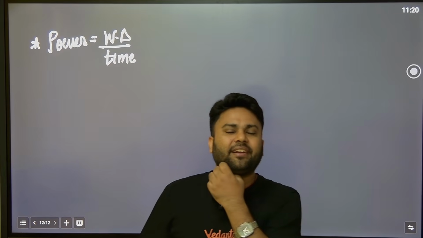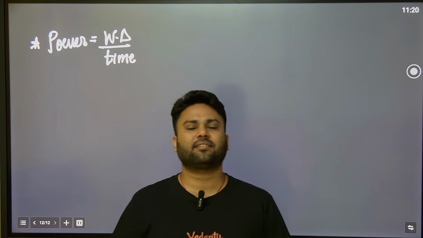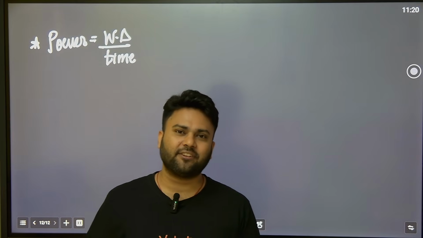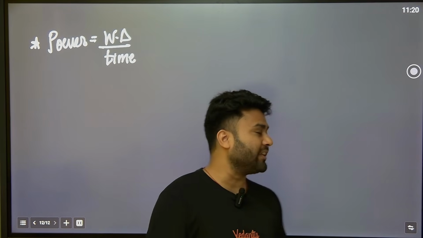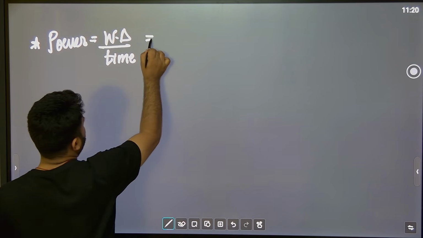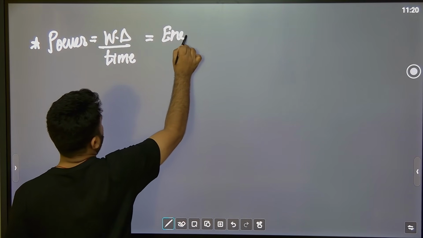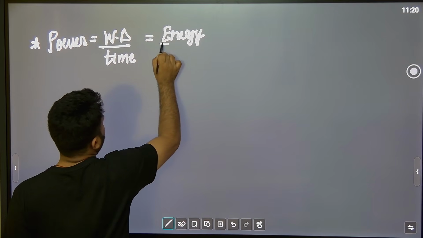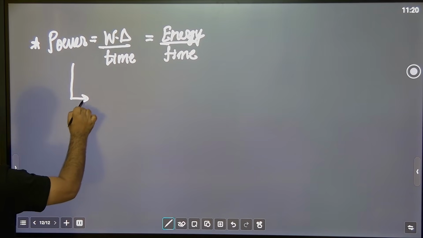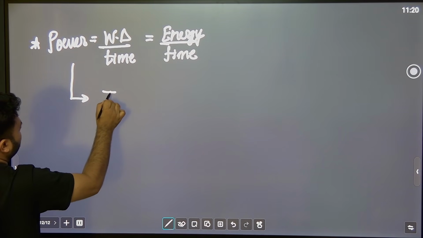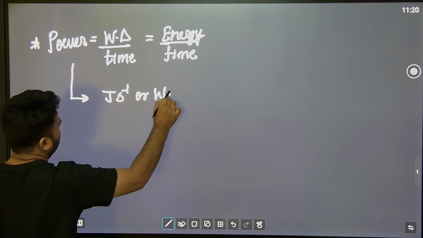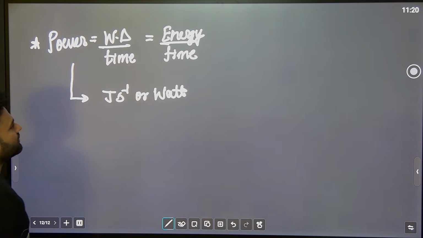But the first student completed in 30 minutes, and the second student completed in 1 day. There is a lot of difference. So that's why power is rate of doing work, or energy divided by time. So the unit of power is joule per second, or we call this quantity watt.